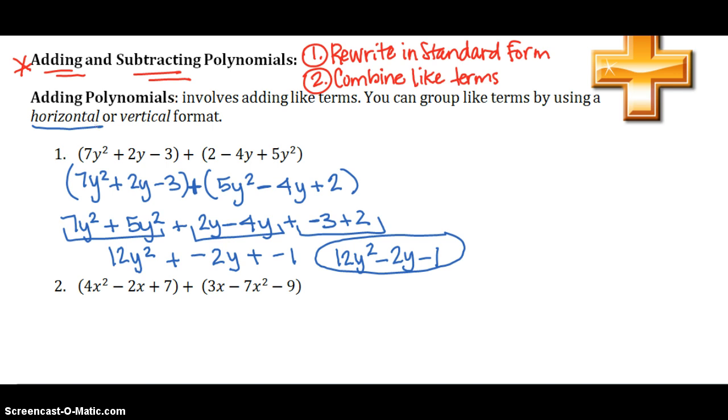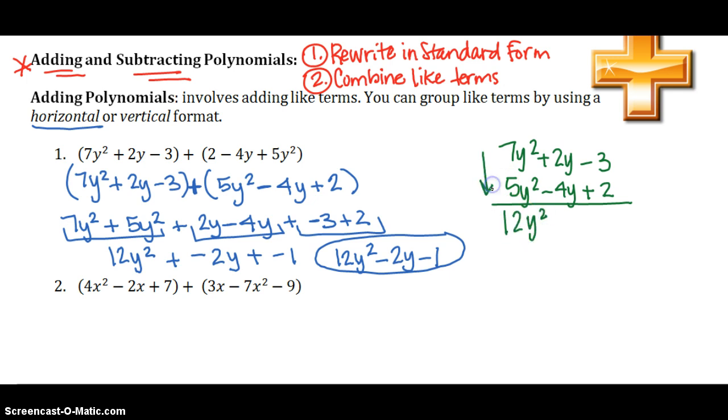Let me show you how to work it out vertically. Some of you may prefer that. Again, we're going to rewrite to standard form. So the first term was already in standard form. When we rearrange the second polynomial, this is what it looks like. We remember this from elimination of equations. Looks very similar. 7y squared and 5y squared makes 12y squared.